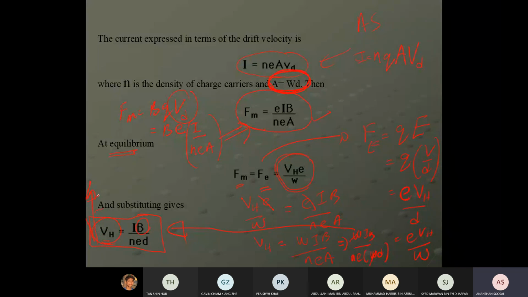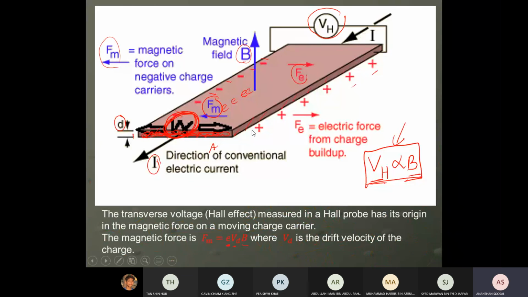To get a big Hall voltage, how do you use the slice? Must it be thick or thin, long or short? You have to find out.